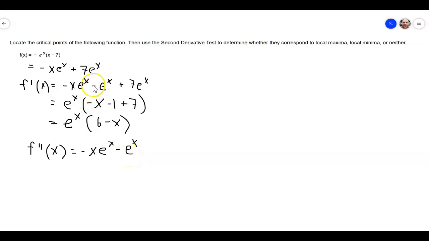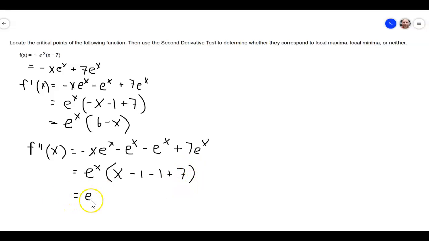Then we have the derivative of minus e to the x, which is just minus e to the x, and of the plus 7 e to the x, which is just plus 7 e to the x. We can pull out an e to the x, and it looks like we're going to get 5 minus x there. So what can we do with all of this mess here?